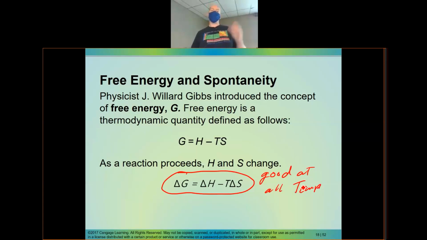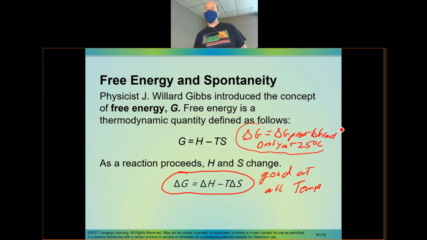So products minus reactants, only 25. If the question is to calculate delta G, and you do delta G products minus delta G reactants, this again is only at 25 degrees Celsius.